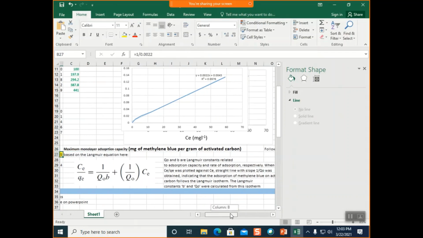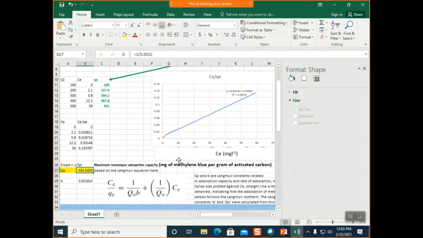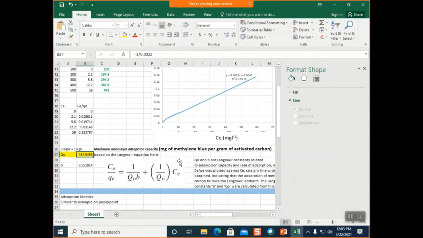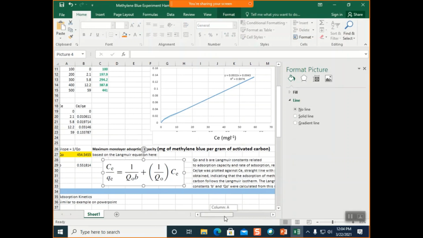And that's really how you can mainly compare how well your material, your adsorbate, compares to somebody else's. Does that make sense? I just kind of ran through that a little quickly, but you're using this equation to find the slope.